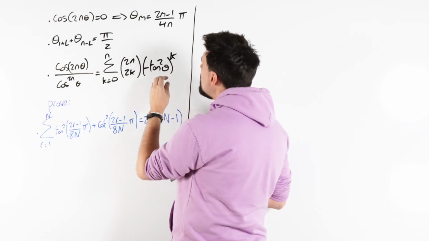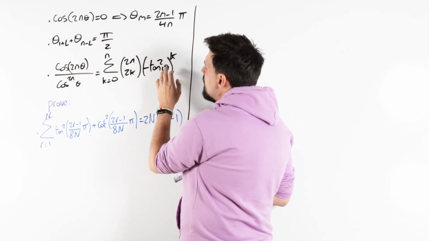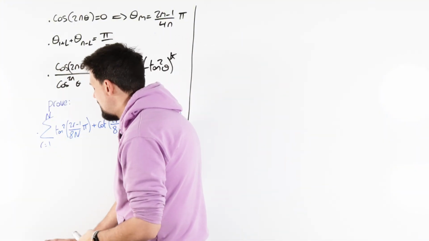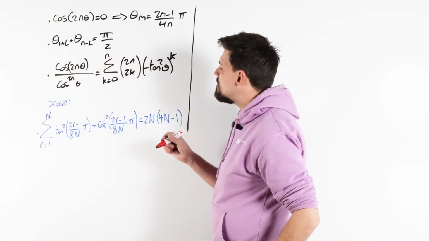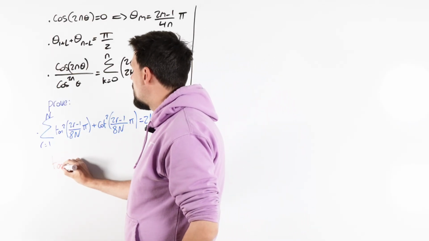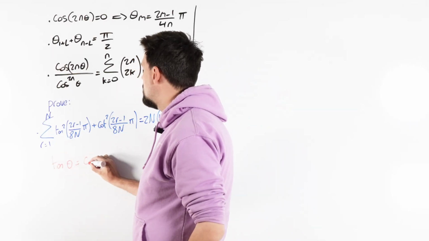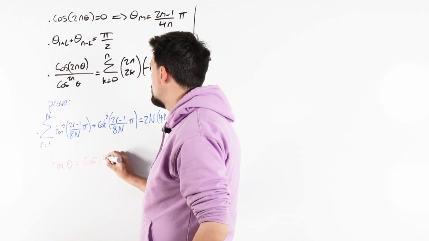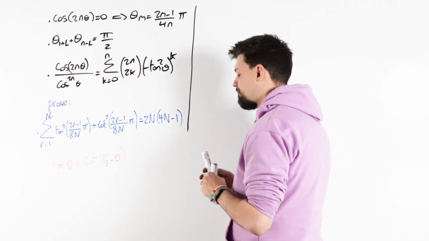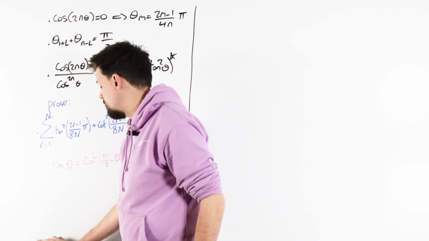Well, I know that tan θ is cot of π over 2 minus θ, right? And that's going to be important for us later on.